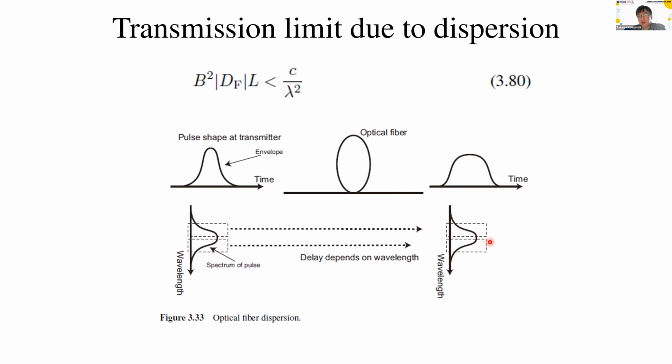If we just look at the wavelength components, the spectrum shape is the same, even if we have some delay difference. But if we look at the time domain profile, the shape would be degraded because each component arrives at a different time. This is the effect of dispersion. So if we have dispersion in optical fiber, it limits the transmission speed.